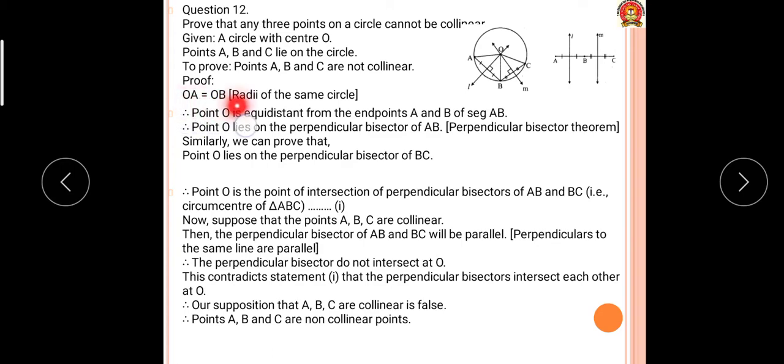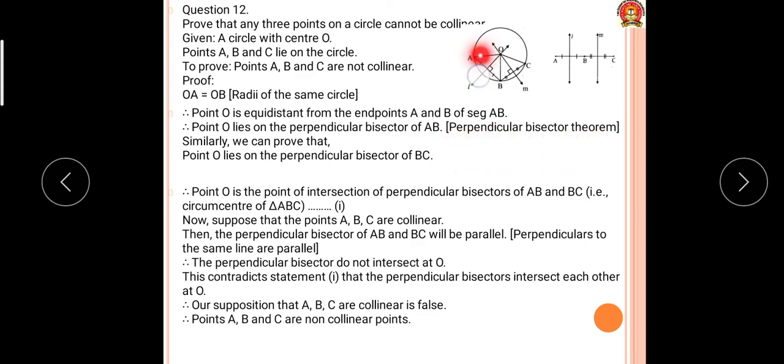Now see, OA is equal to OB. Point O is equidistant from the endpoints A and B of segment AB. Now O lies on the perpendicular bisector of AB, by the perpendicular bisector theorem.